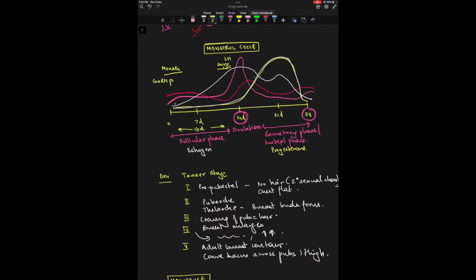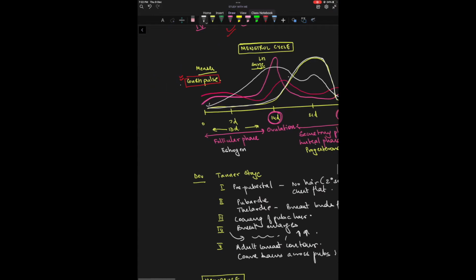This is very important, that there is pulsatile release of GnRH. What will it do? This stimulates FSH, which is the follicle stimulating hormone, and FSH leads to the growth of follicles. As the follicles grow in size, it leads to increase in the production of estrogen.